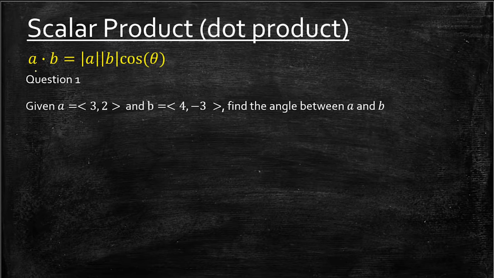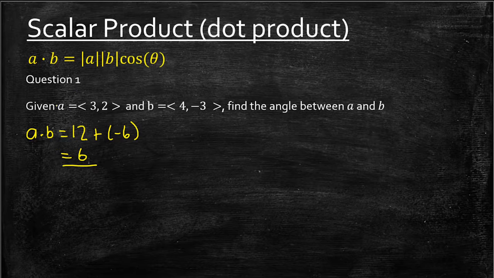So first of all, we need to figure out what a dot b is. So a dot b is going to equal 3 times 4 is 12, plus 2 times negative 3 is negative 6. And 12 take away 6 is 6.